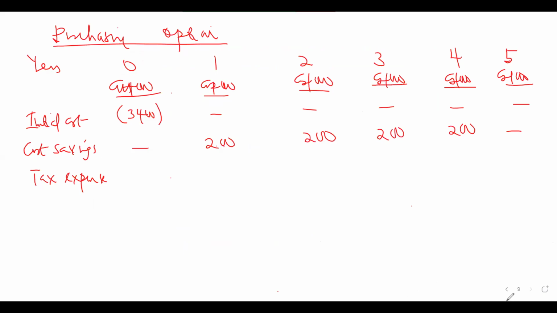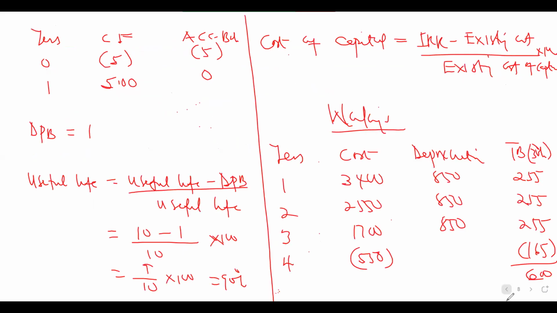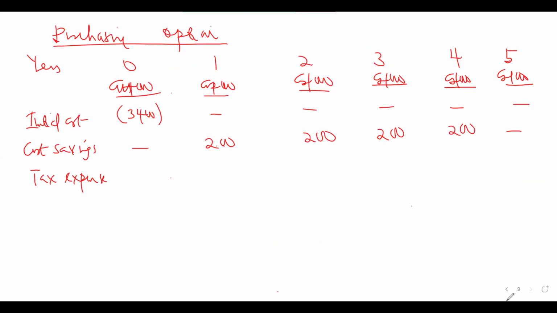So let's come to the total benefit that we are going to be getting. We have tax benefit for depreciation, so let me do the workings for the tax benefit and then the total tax. So let's come to the tax expense here.